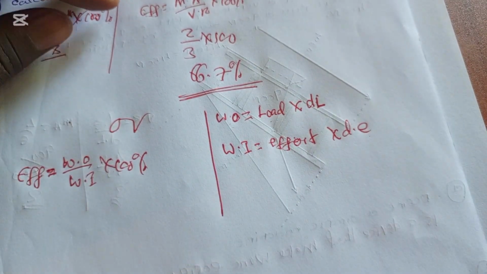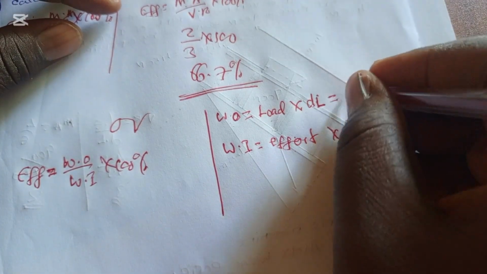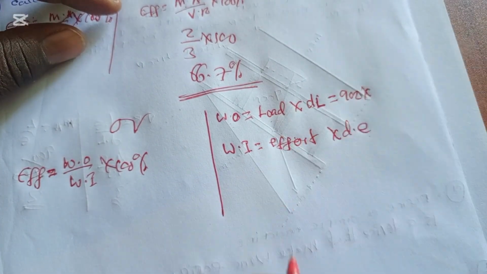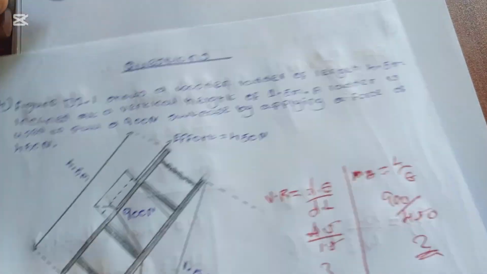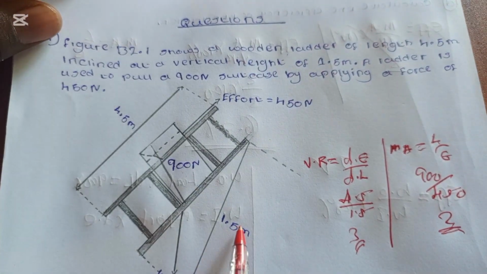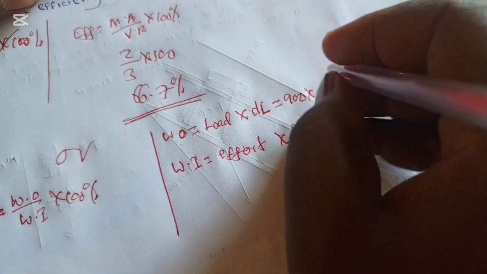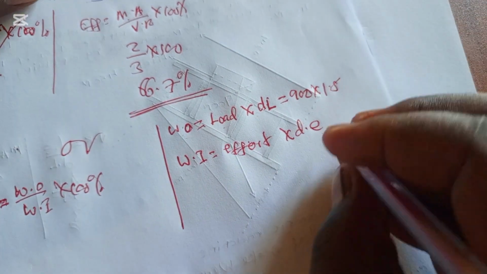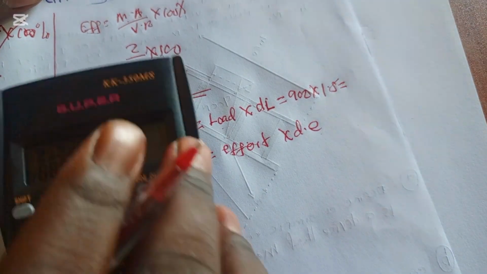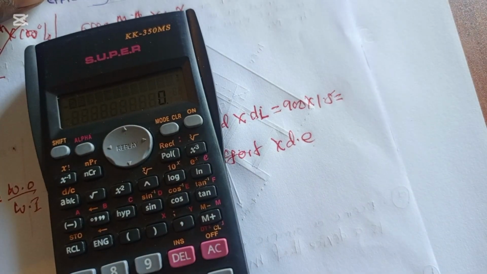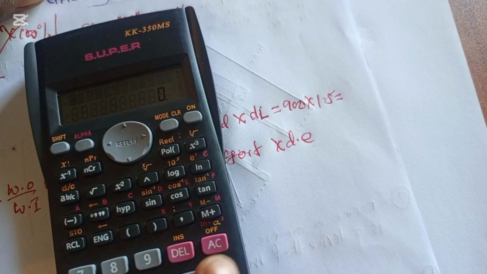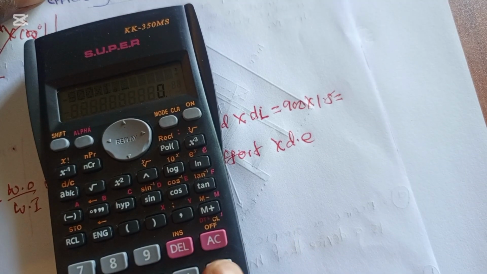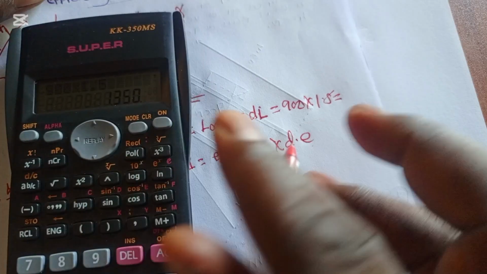Our load is 900, times distance moved by load, which is 1.5. So we put 1.5 here. Then we multiply 900 times 1.5. The answer is 1350.